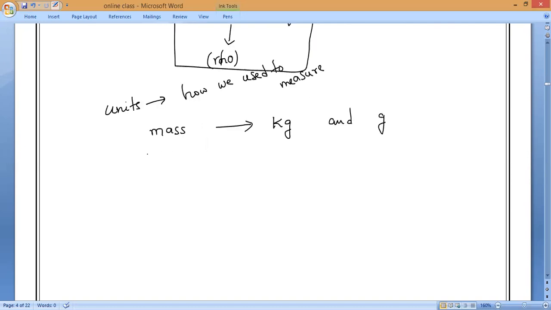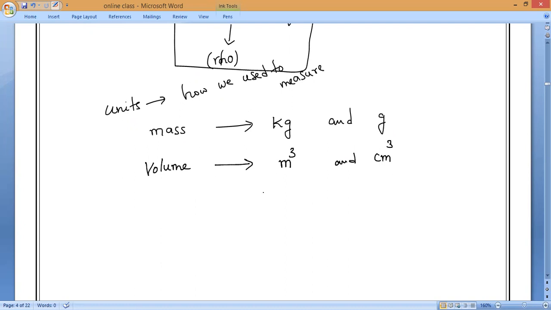Is it okay, guys? In the same way, please remember, the unit of volume is cubic meter, and we can take cubic centimeter. How to read it? Everybody read along with me. Not meter cube or centimeter cube.